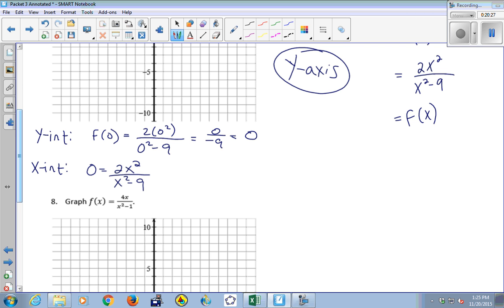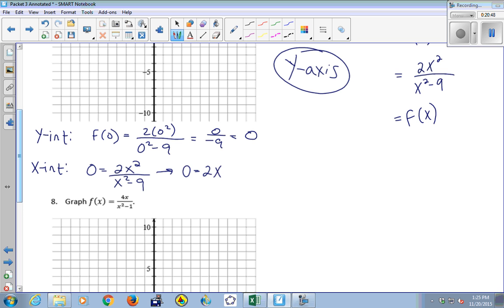What is that? The numerator has to be 0. 0 divided by anything will give you 0. So the only way to make the value of a fraction be 0 is if its numerator is 0.